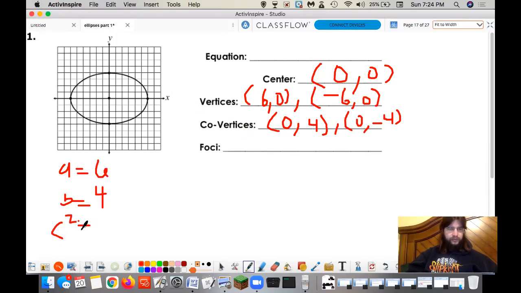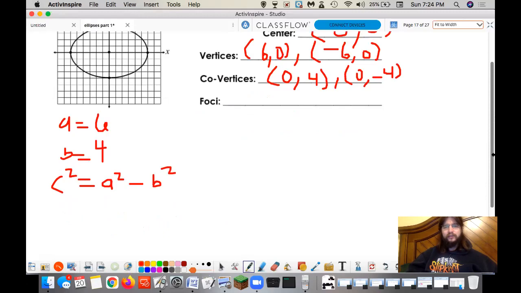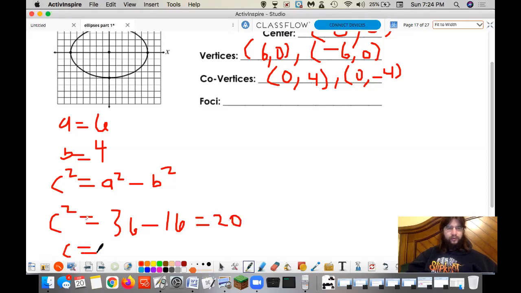To find out our foci, we'll have to use our formula. It's A squared minus B squared. So make sure you're putting it in the right order, because if you do it backwards, you're just going to get all kinds of messy issues. So C squared is going to equal 36 minus 16, which is 20. So C equals the square root of 20.